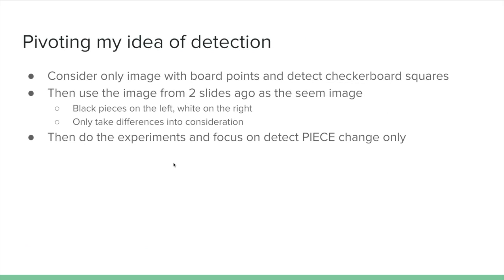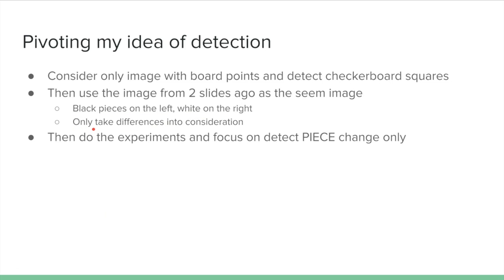My idea now essentially assumes that there is an initial seed image, and we just assume that it's an image populated with pieces, and black pieces are on the left, white pieces are on the right.